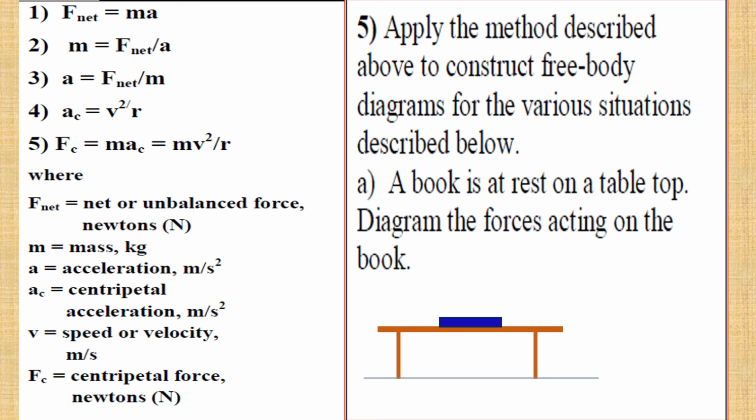So, there are two forces acting on this book and on the table. One is the force exerted by the table on the book, and the other one is the force exerted by the book on the table. So, there are only two forces acting here.